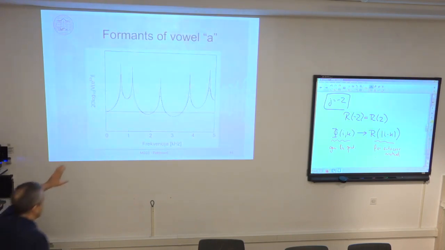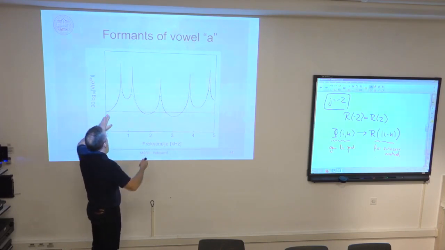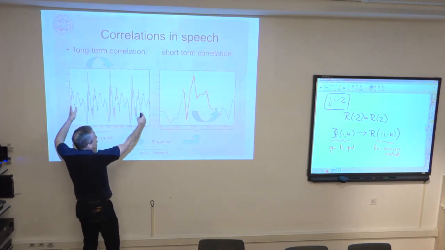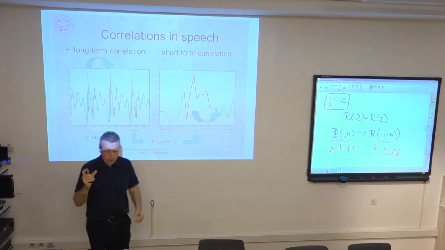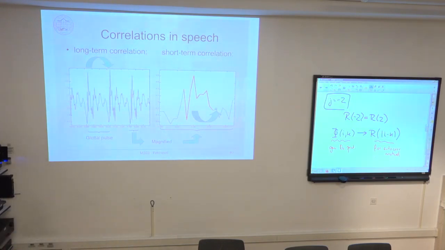Because this here is one spectrum of one short speech segment. For example, I have extracted this kind of speech segment, and I have computed the spectrum of this short, let's say 20 milliseconds or 30 milliseconds of speech.